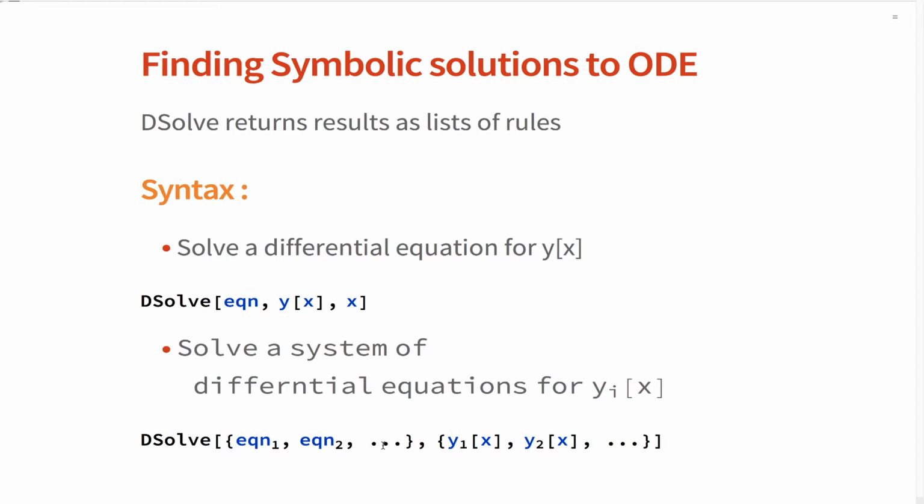You can use the rules to substitute the solutions in other calculations. So this is the syntax of DSolve. We have the function, square brackets, we give the equation, we give the function y of x and the variable with which we need to differentiate.